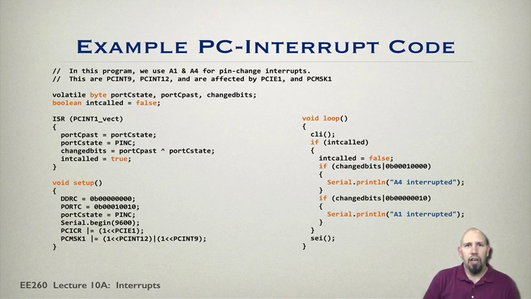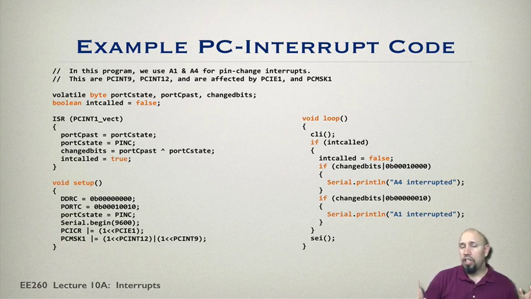So we've talked now about the major details of working with external interrupts. Whether they're the predefined int0 and int1 or the pin change interrupts 0 to 23, we have a number of options for triggering a process from outside to our Arduino.